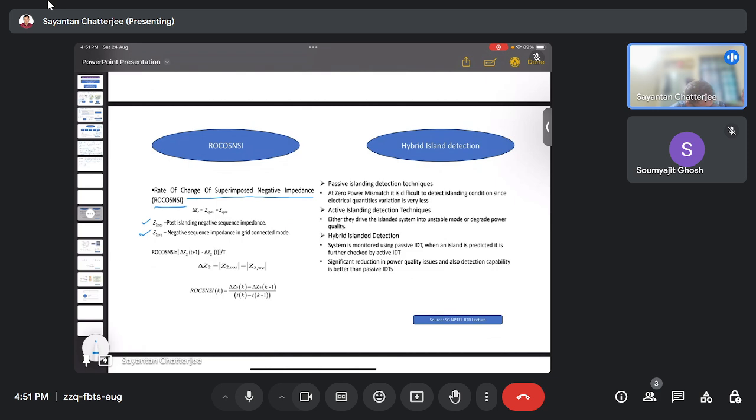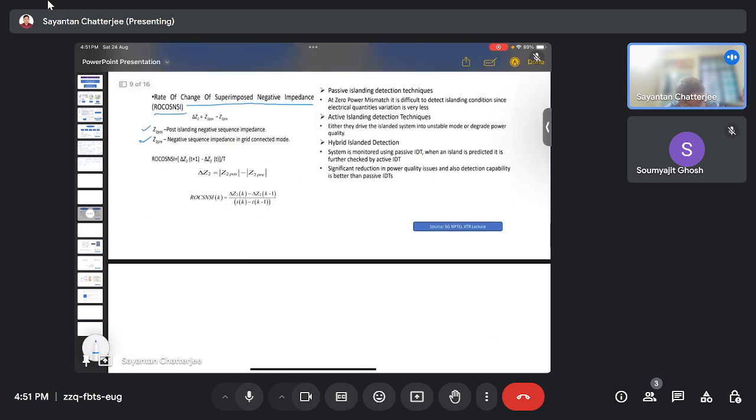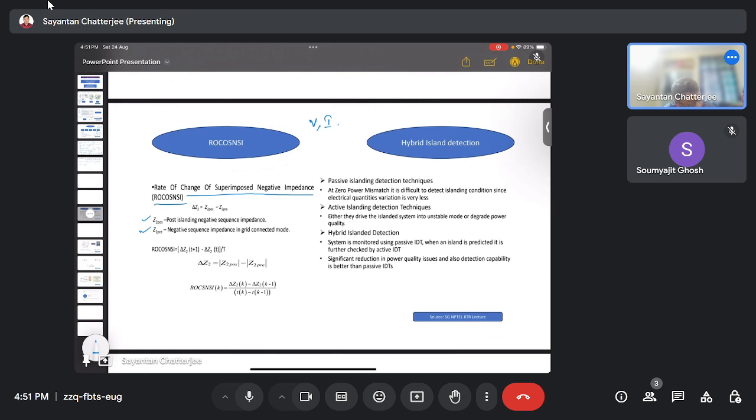Pre and post negative sequence impedances need to be found out, and for that we need the information of the negative sequence voltages and currents. After we have that, we can store these pre and post event voltages or currents.